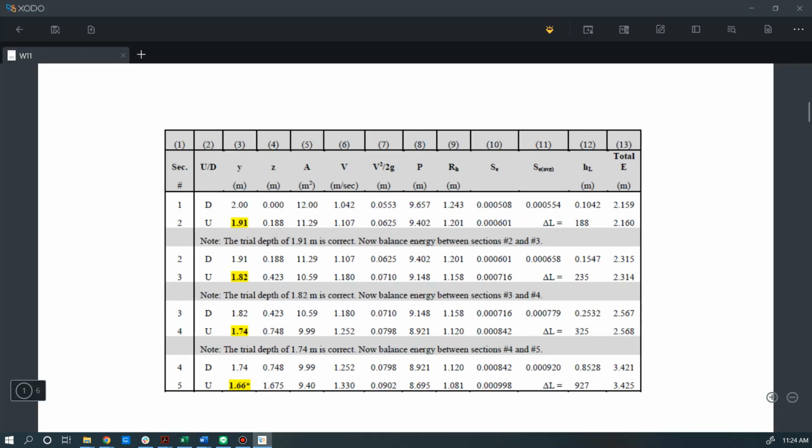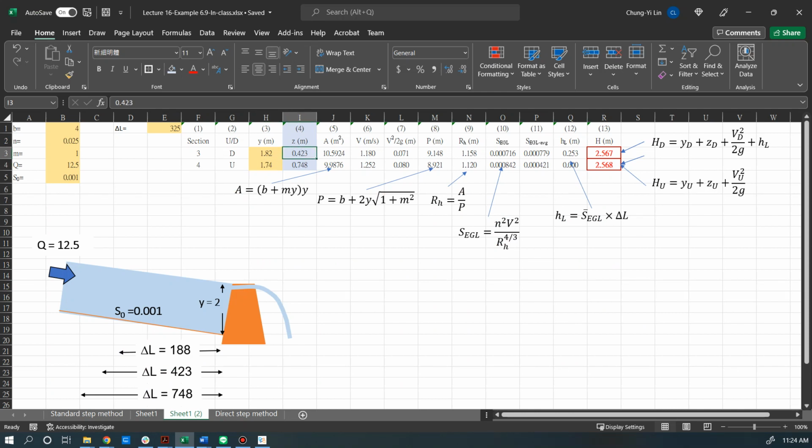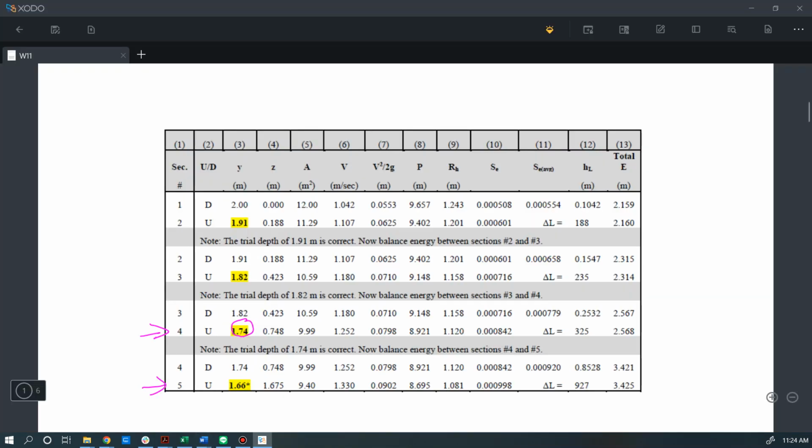So let's go back to this table. Now we use Excel to solve this, and you can use this section 4 to further solve section 5. Use the same method: you input the corresponding z value at this column 4, and you try a different number for section 5 here, and you try to balance this h between section 4 and section 5, which is here and here.